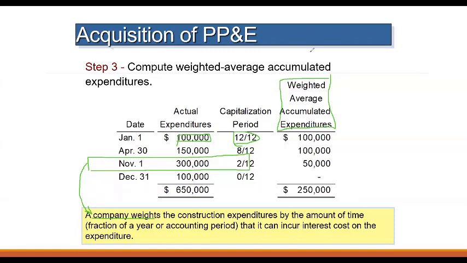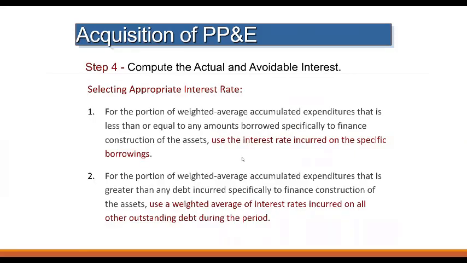Here I'm going to weight all the amounts according to the period remaining in the construction. Now we have an actual expenditure of 650, but its weighted average accumulated expenditure is 250. Then I will move to the calculation of actual and avoidable interest.